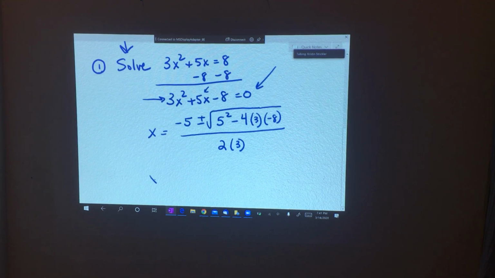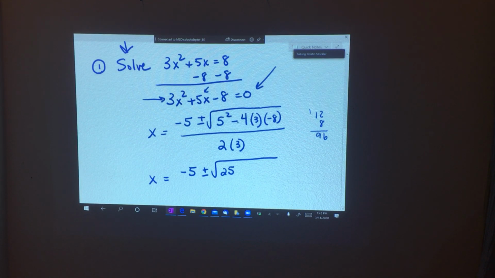So now we're just going to simplify. So I've got negative 5 plus or minus the square root of, now I can start to work out what's under the square root. So 5 squared is 25, and 4 times 3 is 12, times 8, let's see, 12 times 8 is 96.